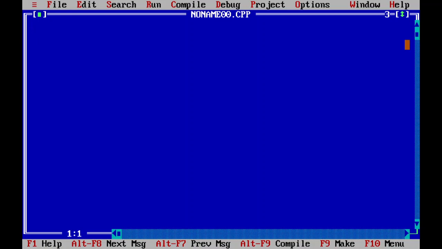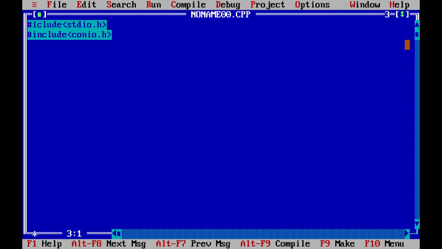Now, we are going to apply C programming to find a root of the given equation. First, we want to include stdio.h and conio.h.